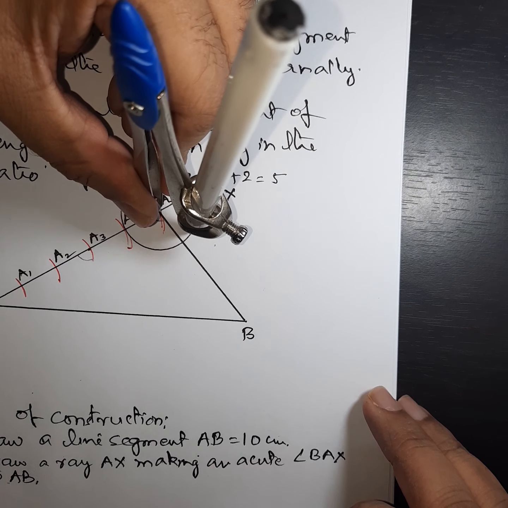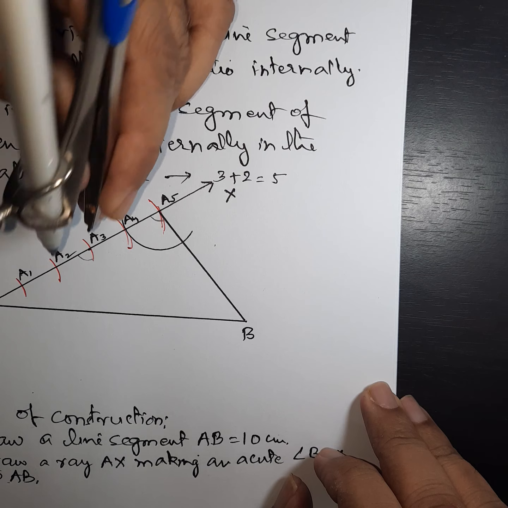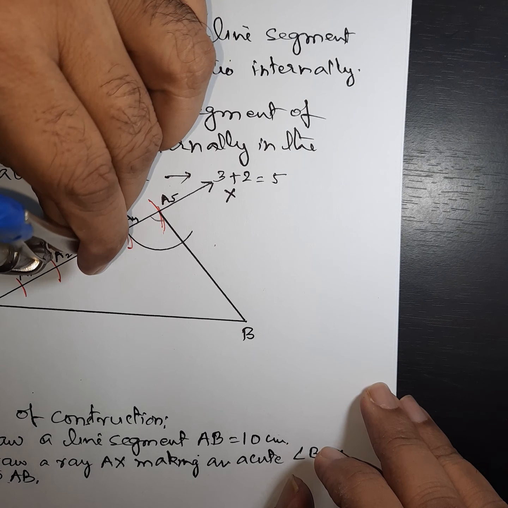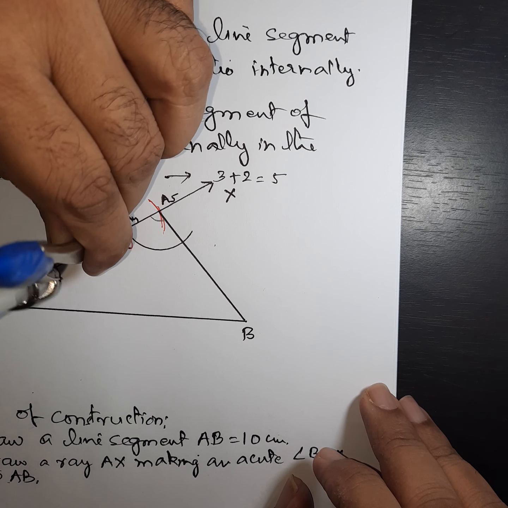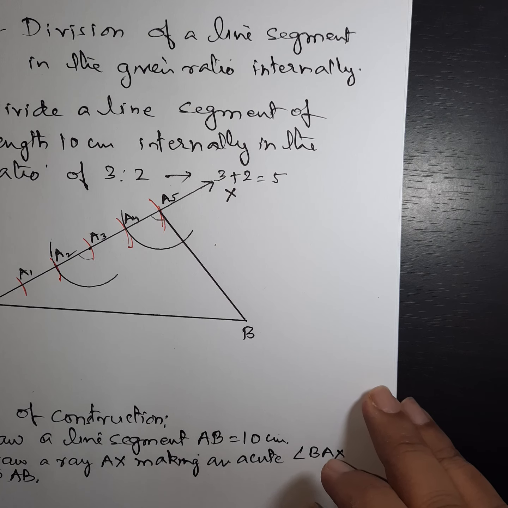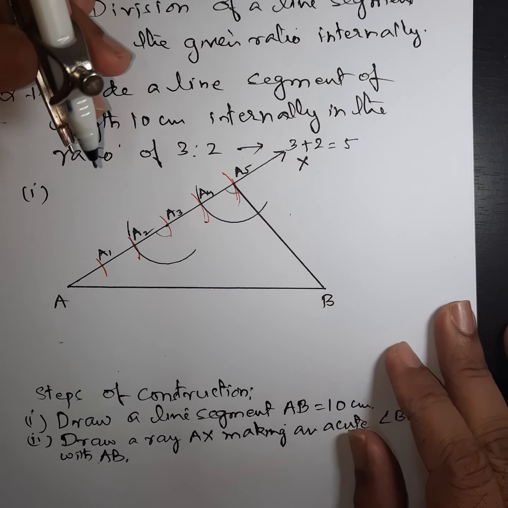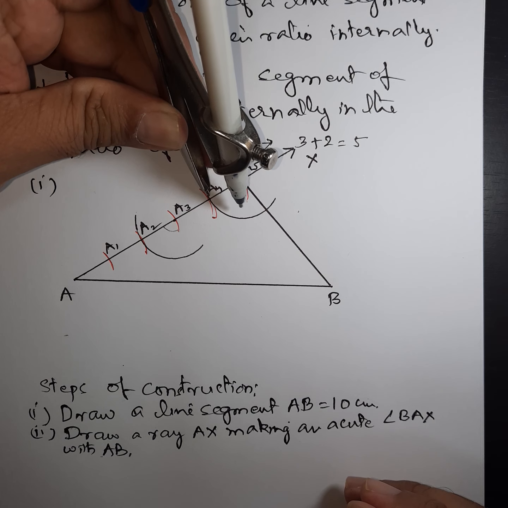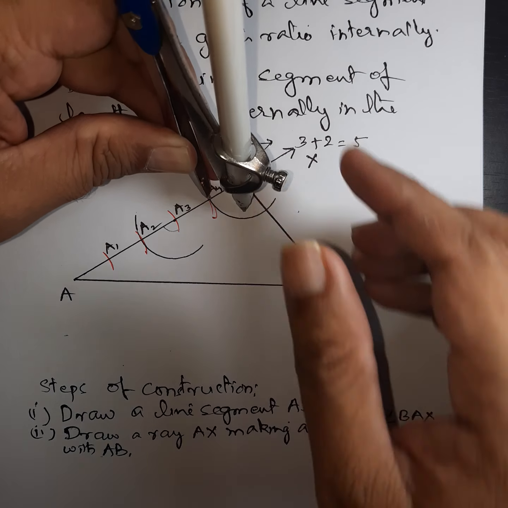Same arc with the same radius you will draw at A3. Then you have to measure this length, because you need to know this angle.